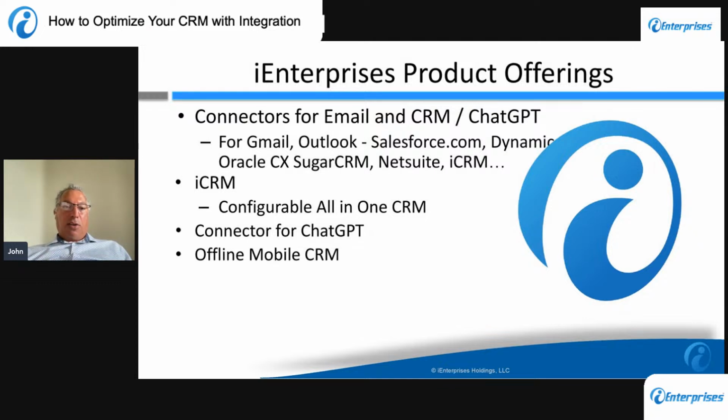Here are our product offerings. We make these connectors, which is what I'll talk about the most. We also have our own CRM called iCRM, a fully configurable CRM solution that is built into email, and we include everything at one price.